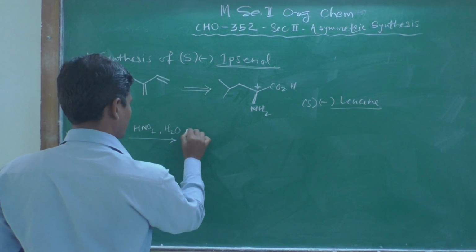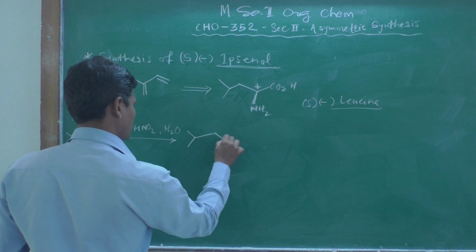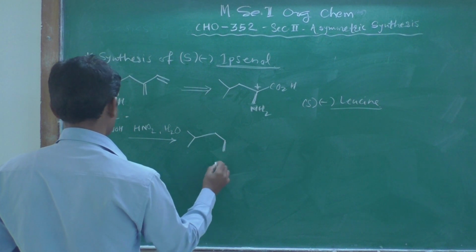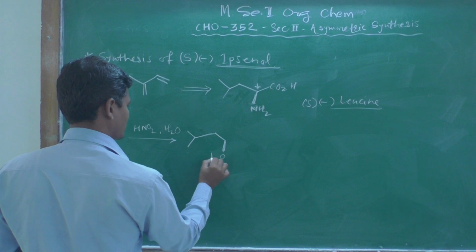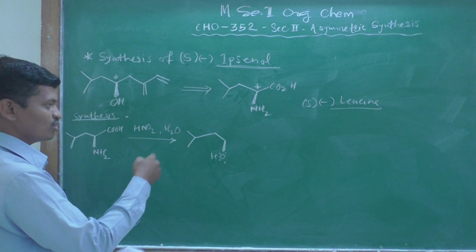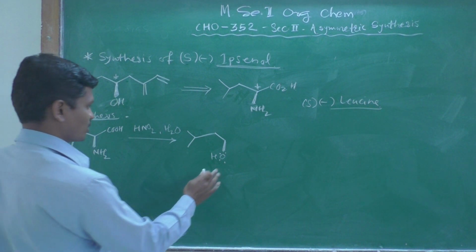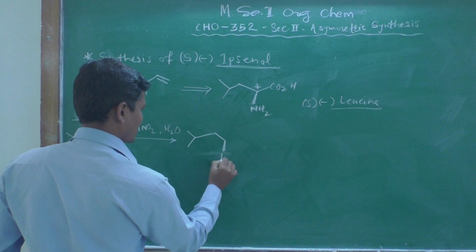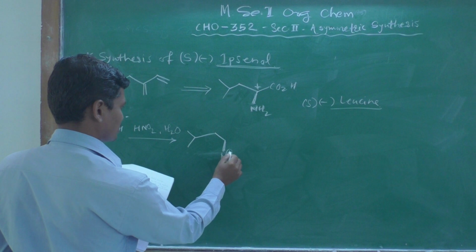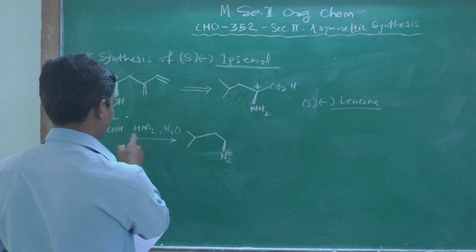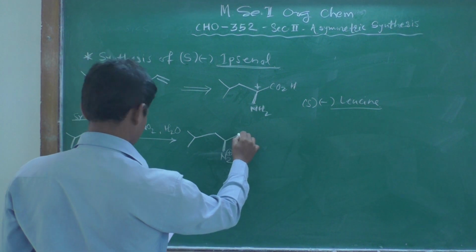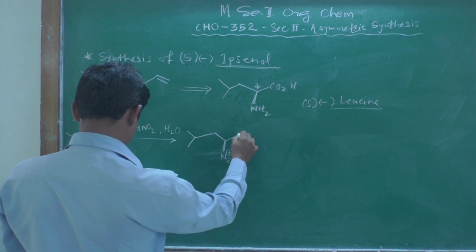So what will happen? We get the hydroxyl. The NH2 group will be converted to N2+, the intermediate formed by the reaction of this amino acid with nitrous acid, HNO2, and here it is COOH.